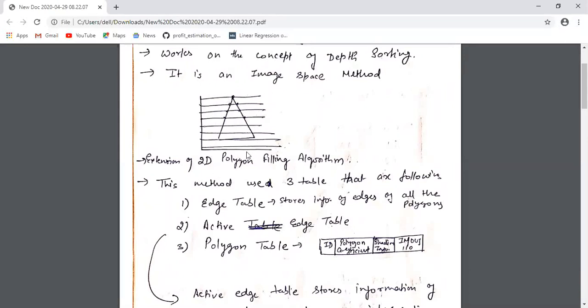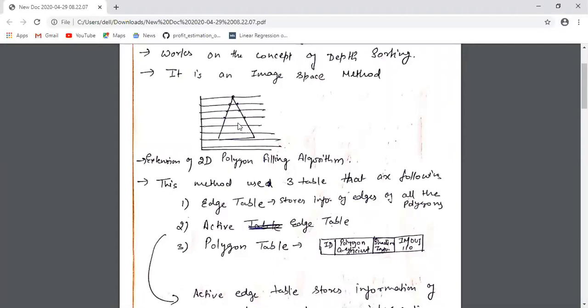We calculate the intersection points of the edges of this polygon with the scanline, and between these intersection points we fill the polygon. That means we calculate all the pixels between these intersection points, and we render them. That is the 2D polygon filling algorithm.